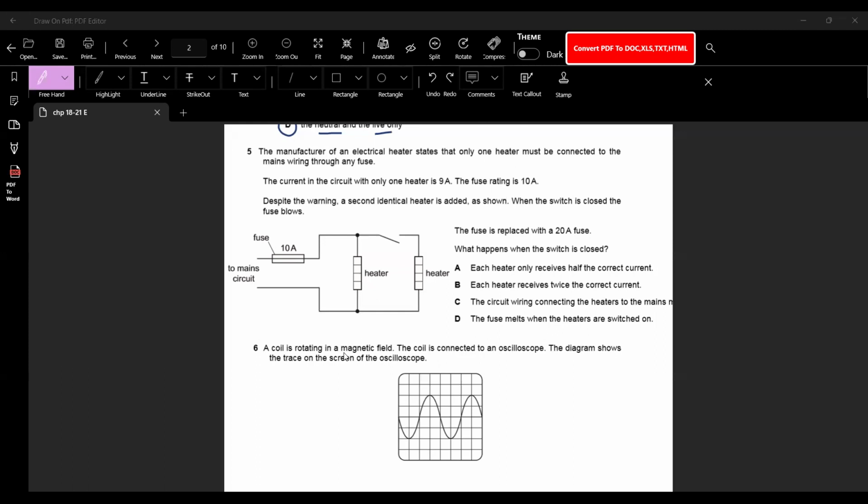We need to bring it smaller so that we can see the whole option. Okay, here we have. Now let's read the options. Where is the pen?